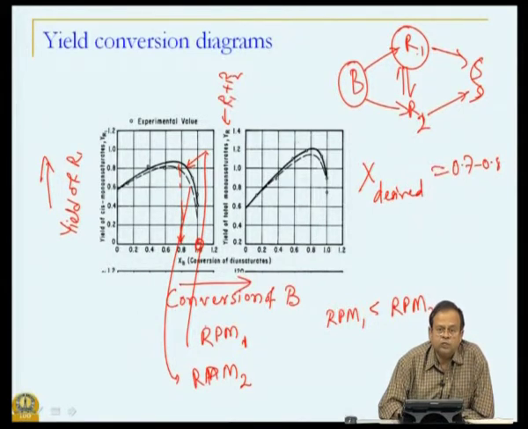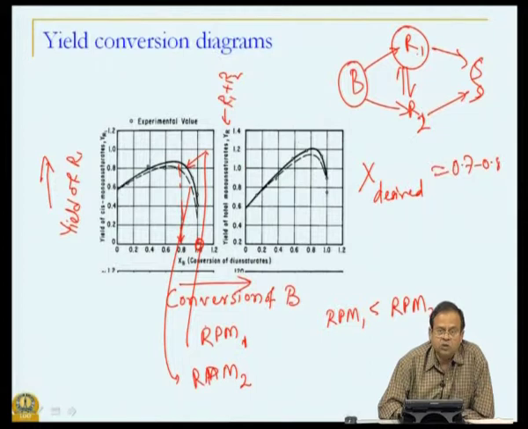Now, at first glance these results may look paradoxical. Generally, we assume that if we agitate the system more, you will have uniform mixing between the gas phase and the liquid phase, and therefore you should get better mass transfer and better kinetics, yields or selectivity, whatever we are looking at. While the first part of this is true, that is, if you agitate more, you will have better mass transfer between the gas phase, that is hydrogen, and the liquid, and you will have higher concentrations of hydrogen in the liquid.